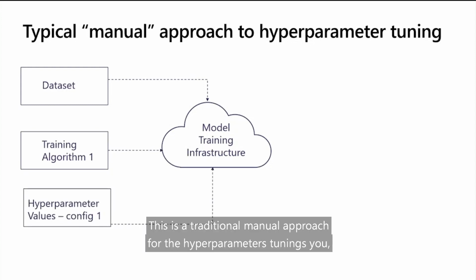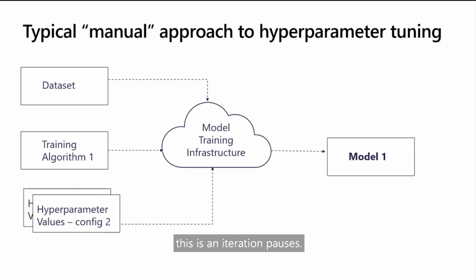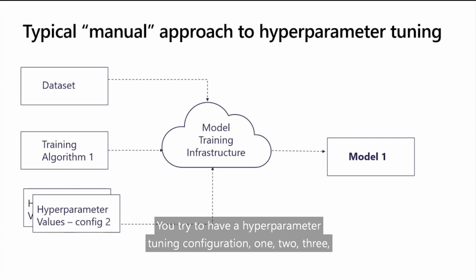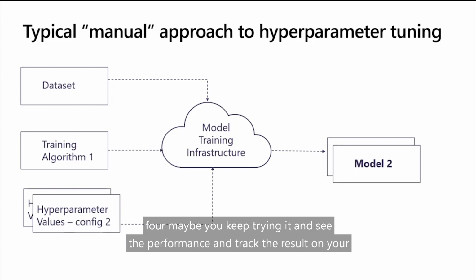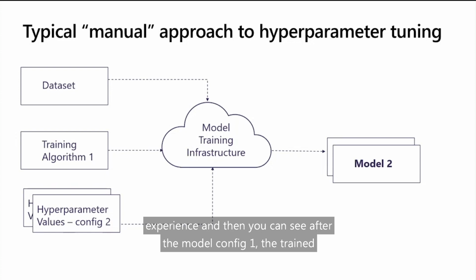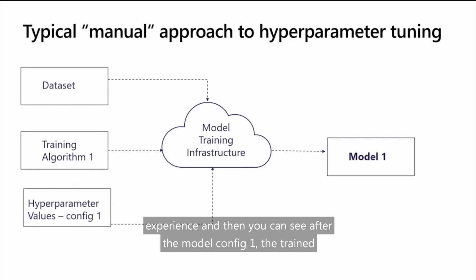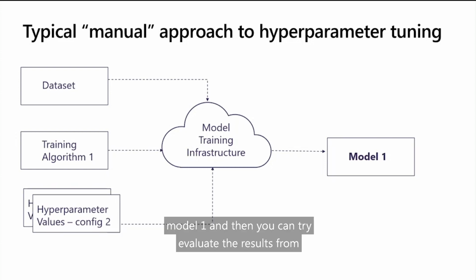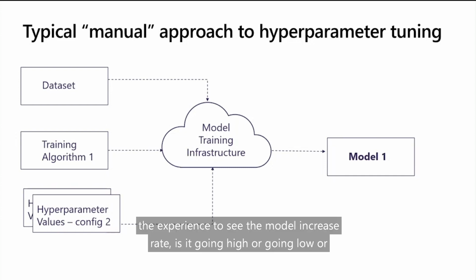This is the traditional manual approach for hyperparameter tuning. It is an iterative process. You try hyperparameter tuning configuration 1, 2, 3, 4, keep trying, see the performance, and track the result from your experiment. After the model config run, you train model 1, and then evaluate the result from the experiment to see the model accuracy rate, whether it is going high or going low.